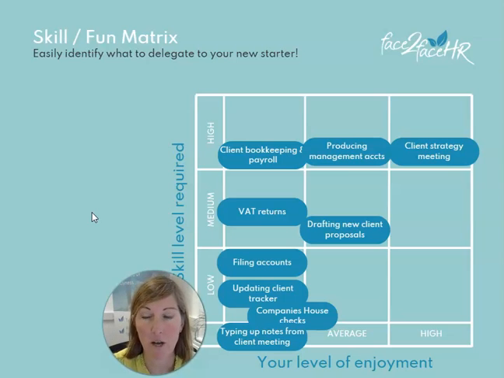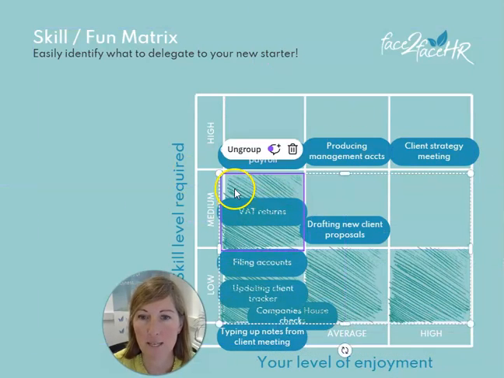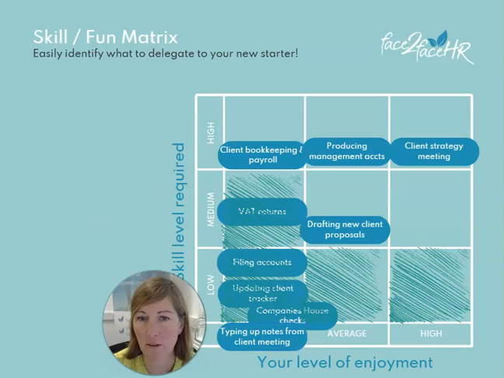So have a look at your own tasks and plot them onto this chart. I can put it as a download for you to do. And if you see what's coming across these areas here, you will see they're the ones that you want to either delegate.